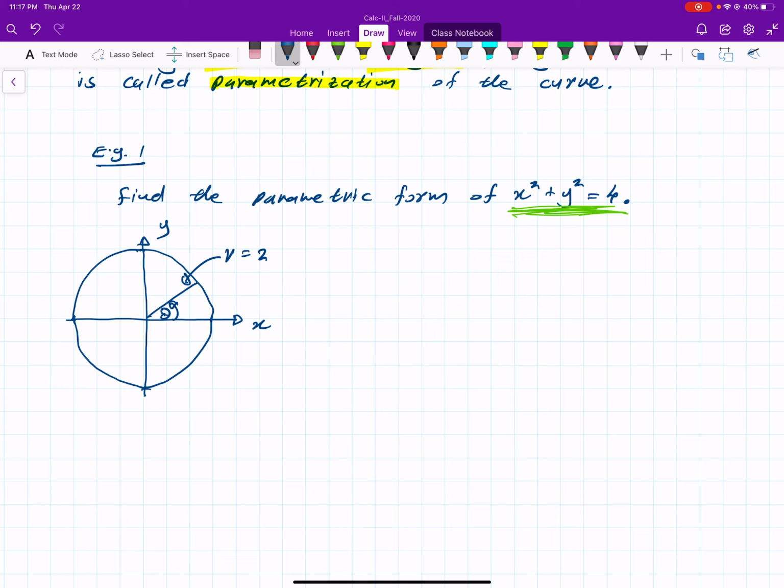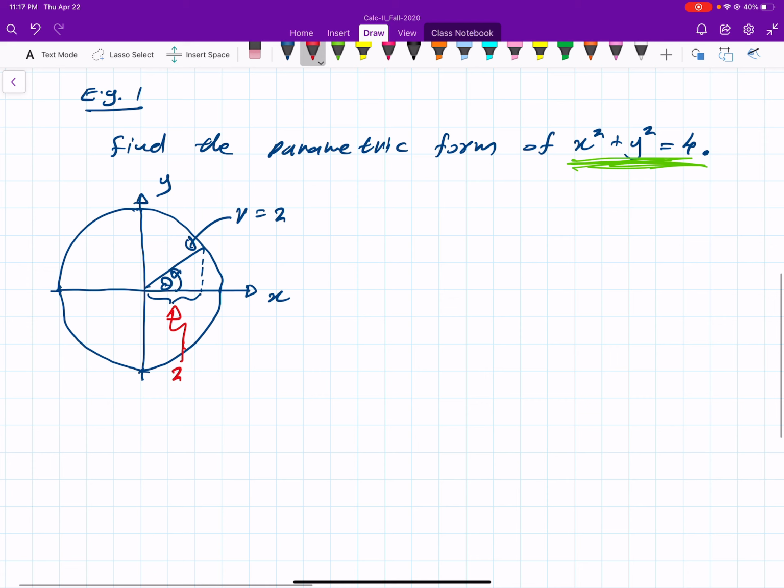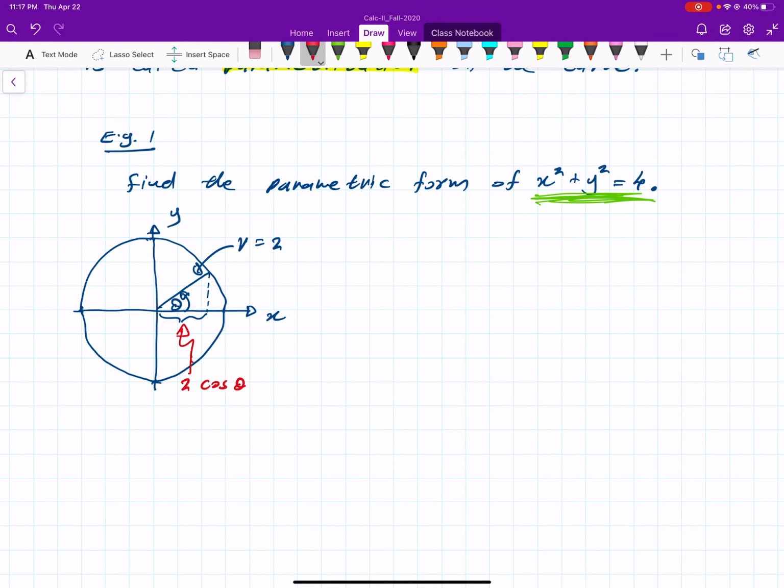By using trigonometry, you can write this length as 2 cosine theta, and that one as 2 sine theta.